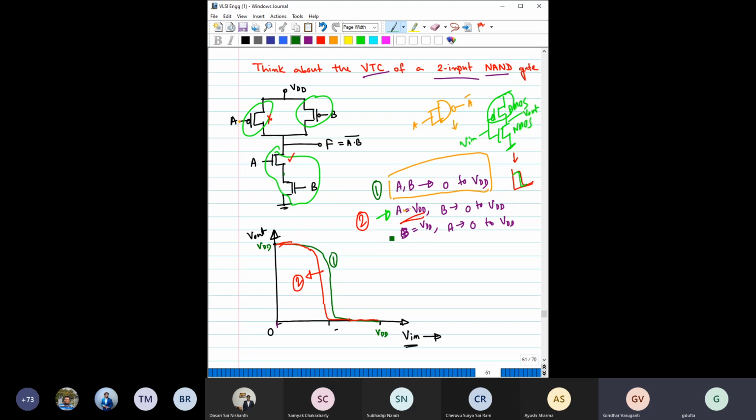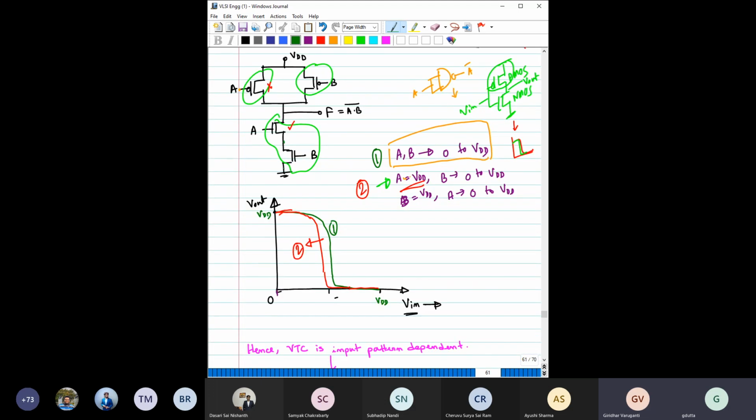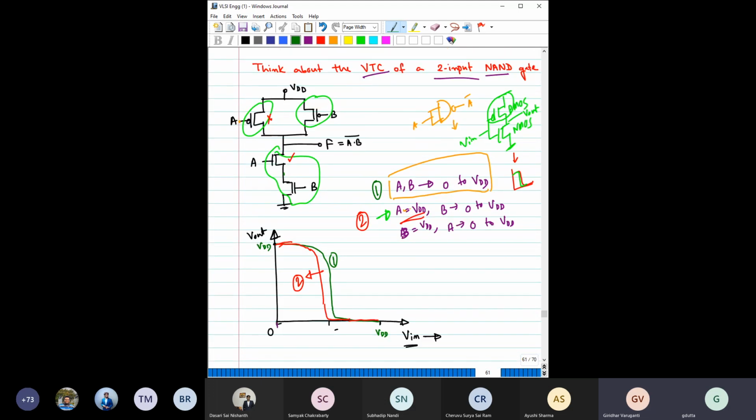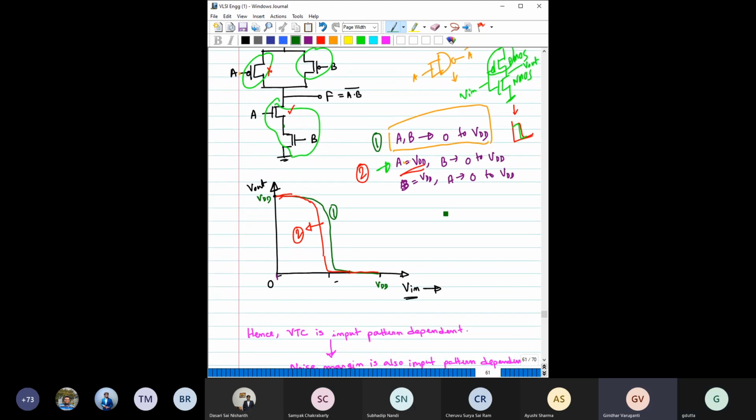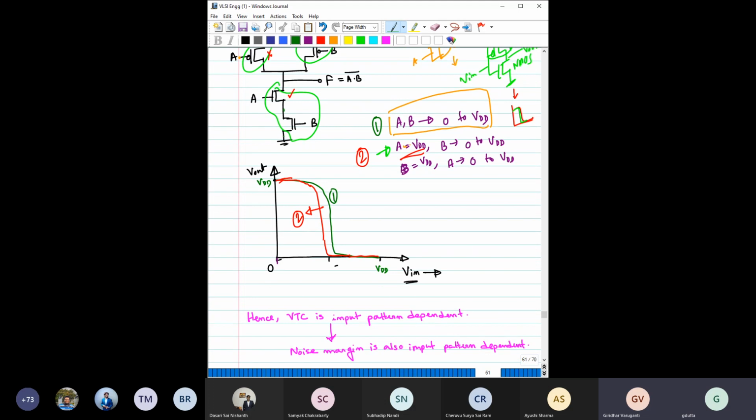If these VTCs are different, then depending on the values, you are changing the relative strength of this PMOS and NMOS, meaning the strength of the pull-up network and pull-down network, right? So see the beauty here. The VTC is dependent on the input pattern, whether it is changing simultaneously or one is fixed and the other is changing.